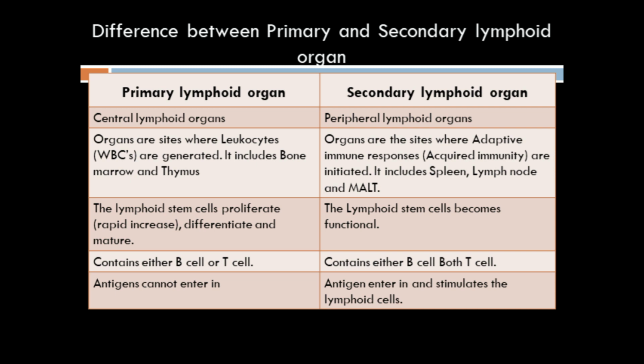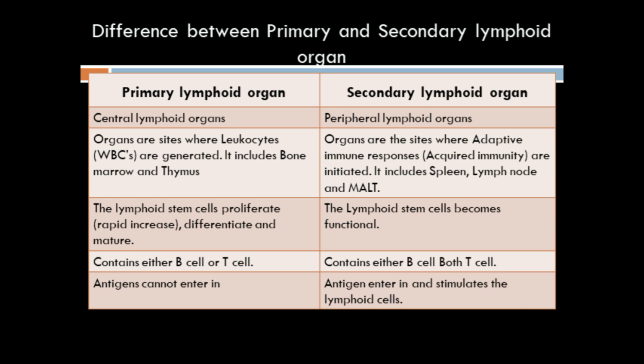Then when you take the secondary lymphoid organ, it is the peripheral lymphoid organ system. The organs are sites where the adaptive immune response occurs; at the time of infection, it gets stimulated to act against the pathogen. So acute immunity is initiated, and it includes, as we have seen, the spleen, lymph nodes, MALT and Peyer's patches. Here the lymphoid stem cells become functional.